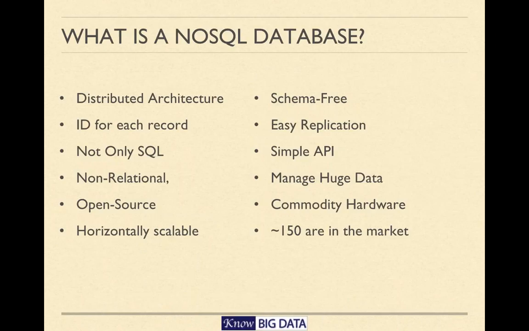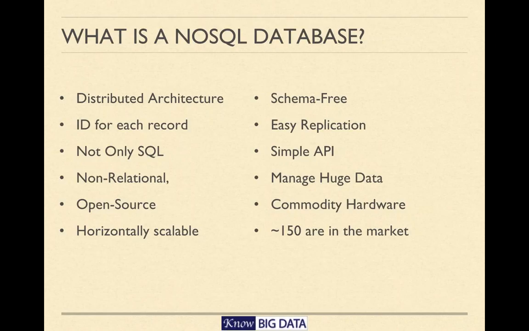So what exactly is a NoSQL database? A NoSQL database provides big data, volume, velocity, and variety kind of things to the end user. Now to do that, they need to go with a distributed architecture. What does distributed architecture mean? The database will comprise many machines.